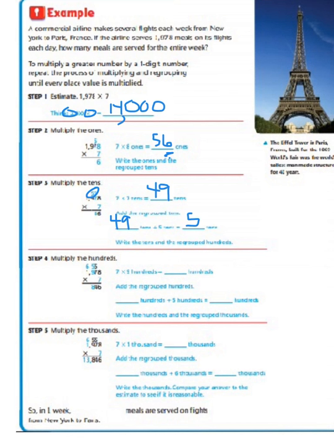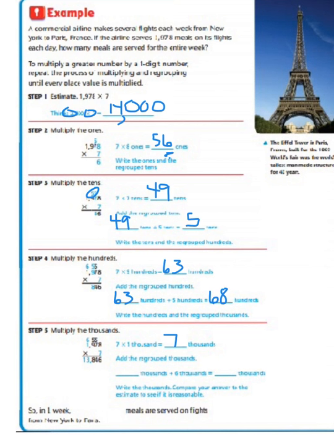Our next step is to multiply the hundreds. We know that 7 times 9 equals 63 hundreds, and then we have to add the regrouped hundreds. So 63 hundreds plus 5 hundreds equals 68 hundreds. So we're going to write the 8 in the hundreds place. Now our last step is to multiply the thousands. So 7 times 1,000 equals 7 thousands because the identity property of multiplication says that any number multiplied by 1 equals that number.